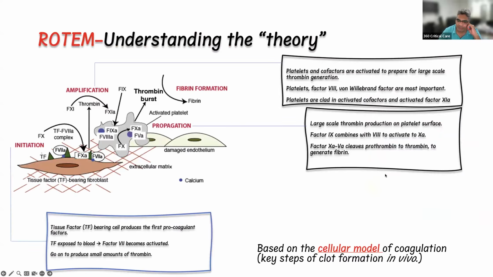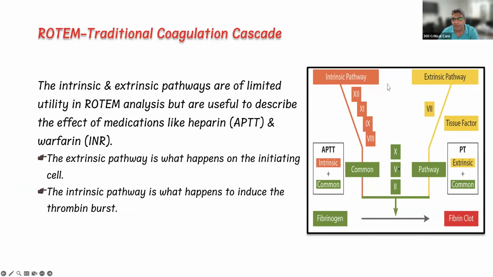In the common pathway, you have factors 2, 5, and 10. In the intrinsic pathway, you have factors 8, 9, 11, and 12. And in the extrinsic pathway, you have mainly factor 7. The common pathway leads to formation of fibrinogen and then the fibrin clot. So this is the usual concept of coagulation that you know.